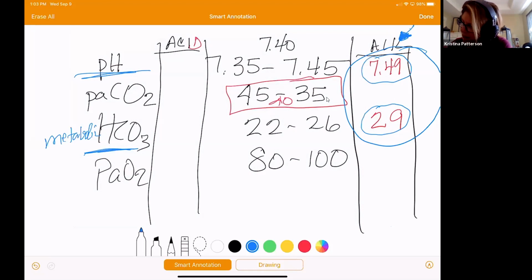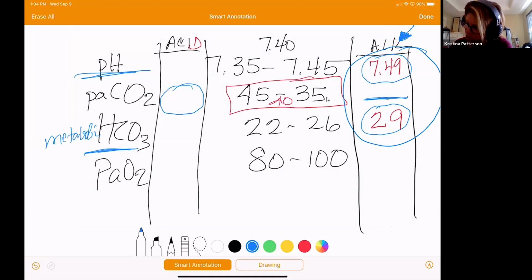So, do we have compensation? Remember that's step 5. Compensation would mean that the other variable, PaCO2, that we don't have a slot for here, is in the opposite direction. So it would be over here. That did not happen, so here we do not have compensation.